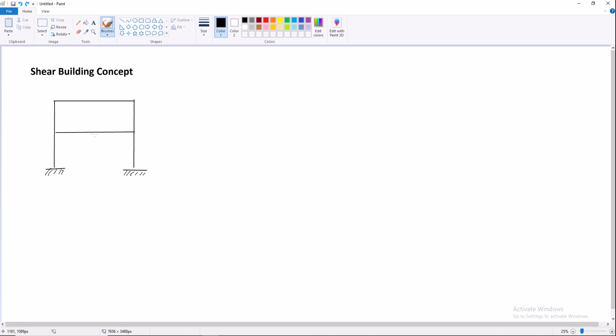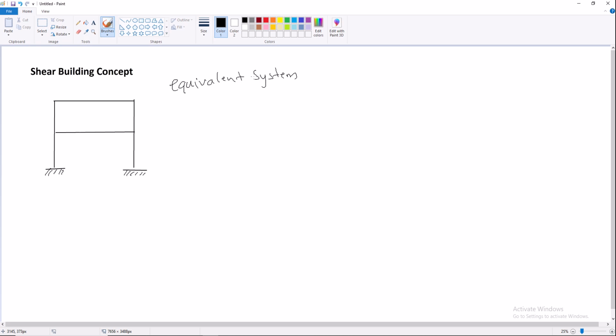Considering a two-story frame, as you can see in this picture, this frame can be idealized as an equivalent system, and this particular structure obeys all the assumptions of the shear building.